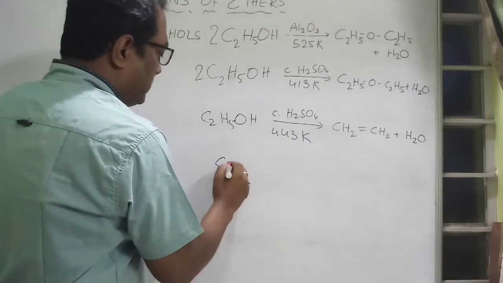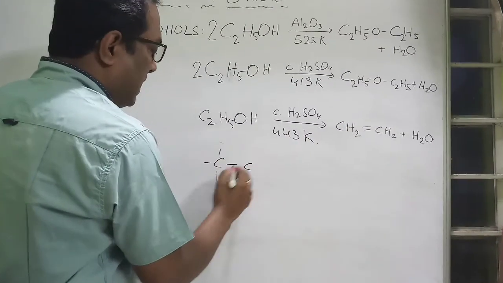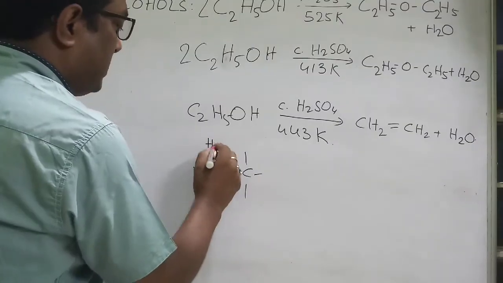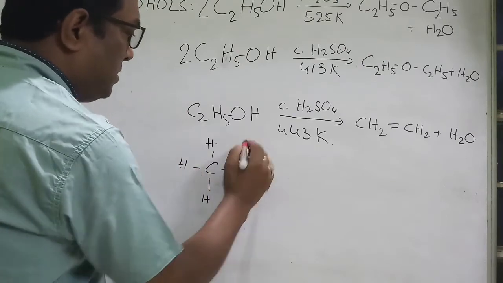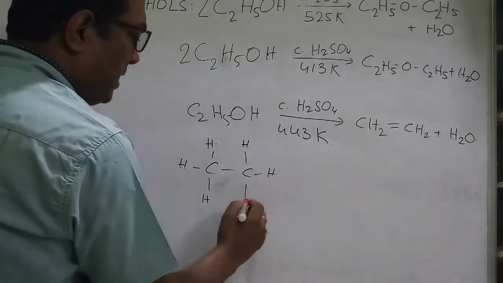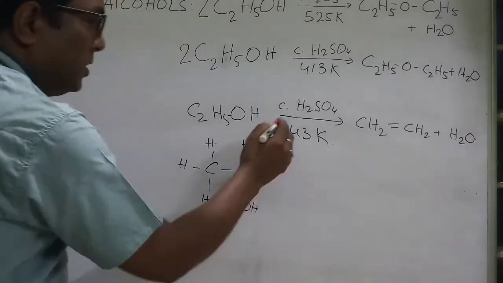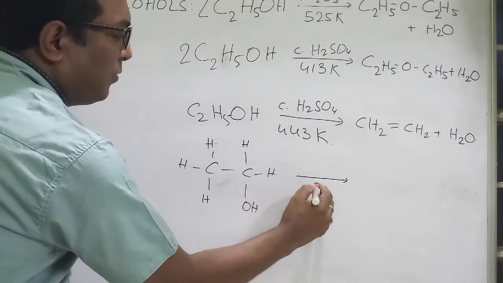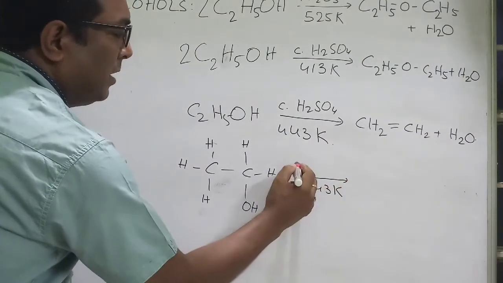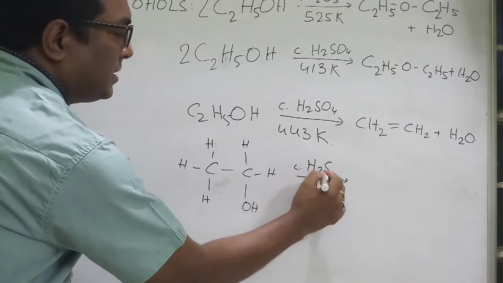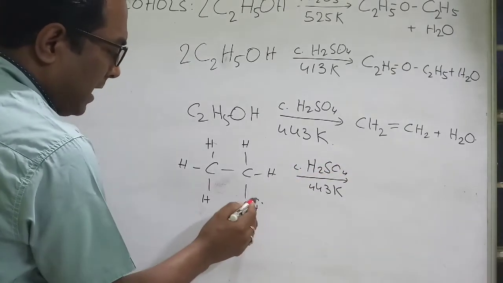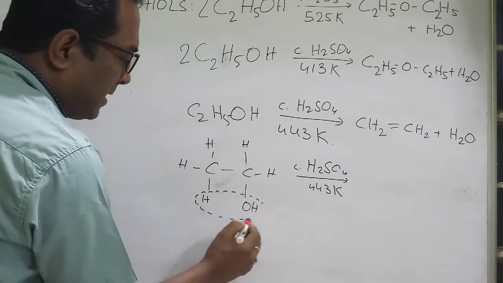So students, if we see the mechanism here, CH, H, and OH. What happens when you are giving a temperature of 443 Kelvin with concentrated sulfuric acid? This molecule of water is liberated.